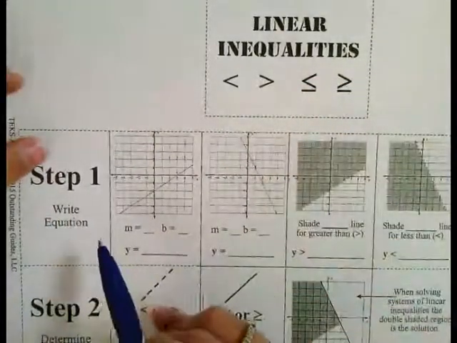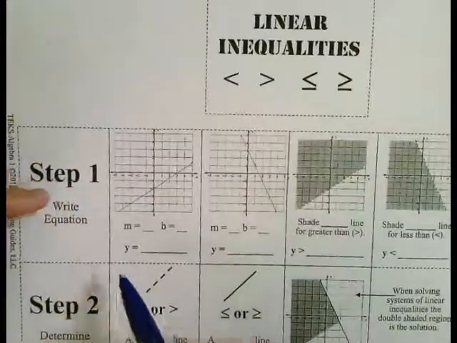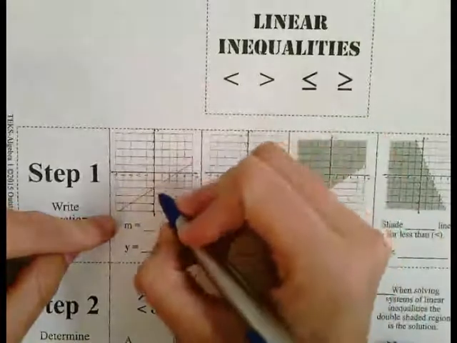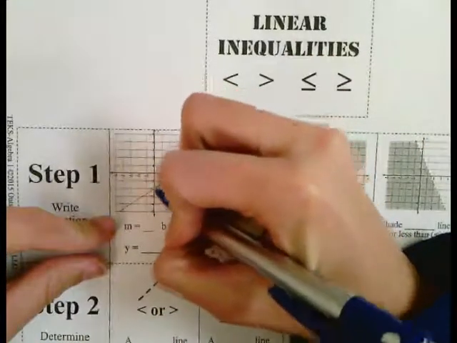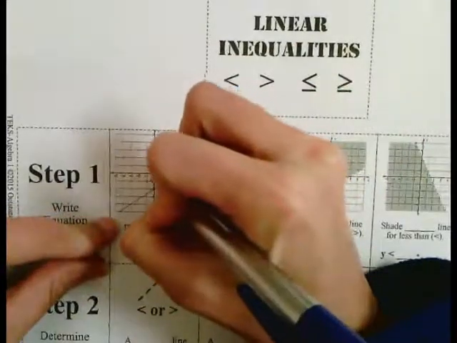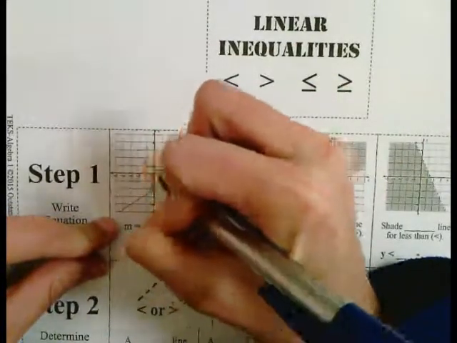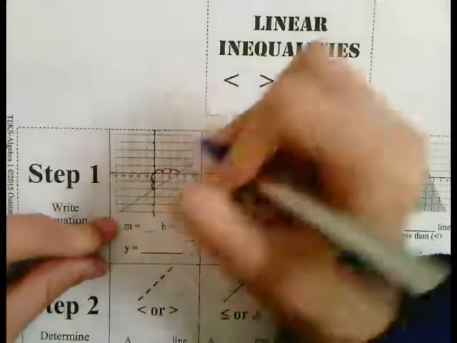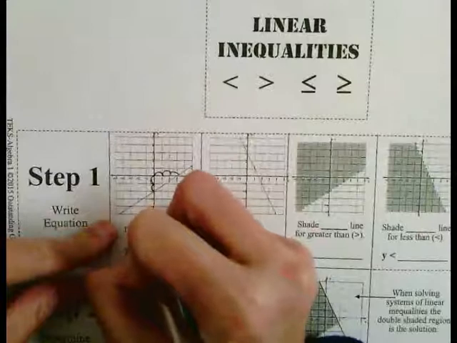So step number one, you're going to be able to write the equation. So on this one, you're going to be able to find the slope and the y-intercept. So 1, 2, 3. So you've got your slope is 2 over 3.